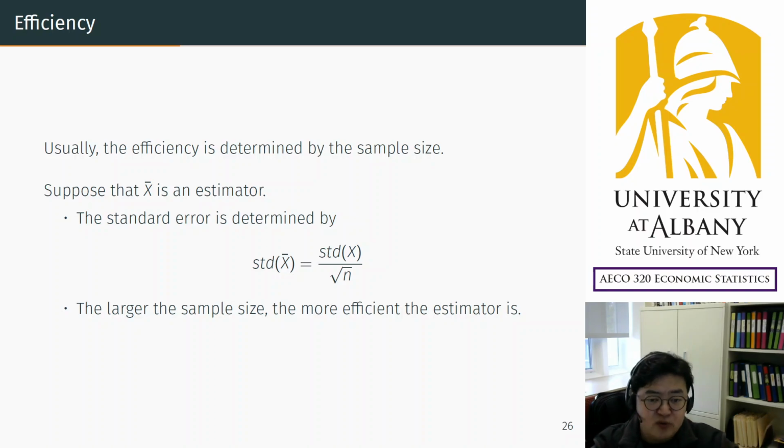Otherwise, for example, if you throw away some of them, you are not efficiently using the data, so your estimator will have larger standard deviation. So we call that inefficient. This is my guess for why this criterion is called efficiency. It is related to fully utilizing the information in the data. Okay.